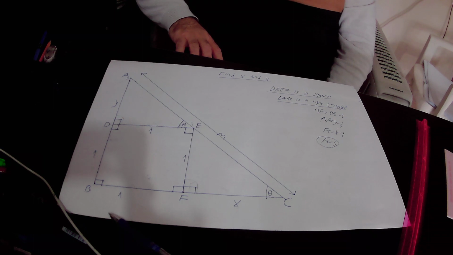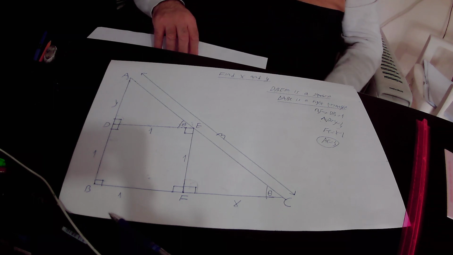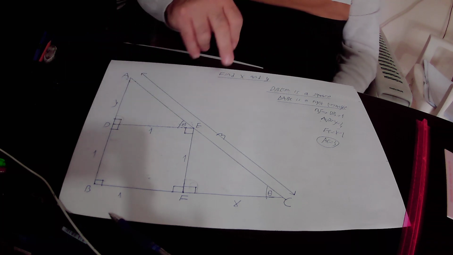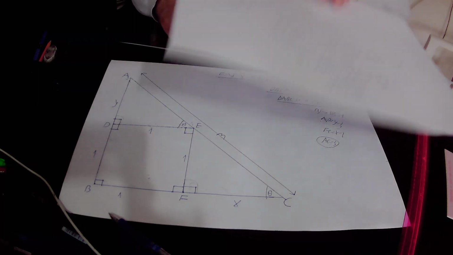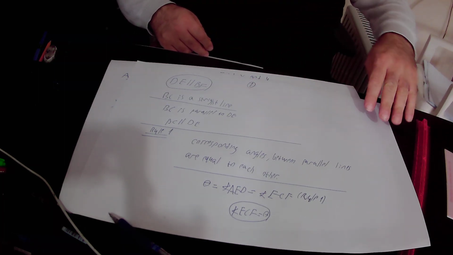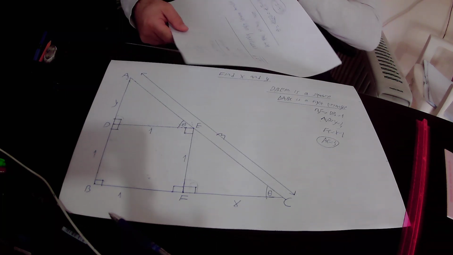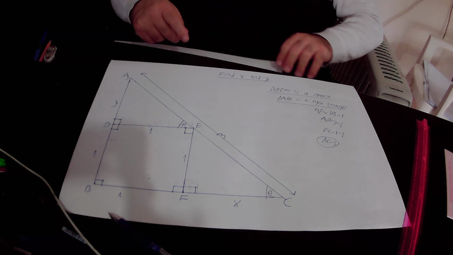So first of all, we know that the opposite sides of a square are parallel to each other. That is to say, DE is parallel to BF. Here, DE is parallel to BF, and BC is one side of the right triangle ABC, therefore it is a straight line.